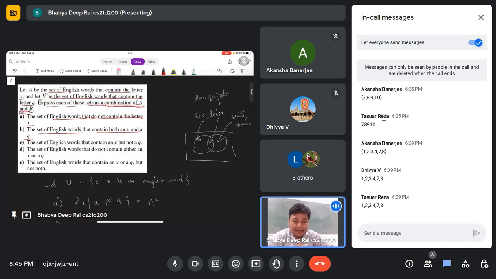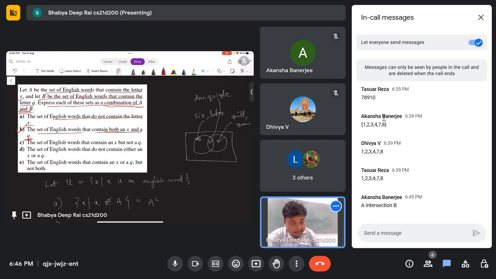A is the set of all words that contain X, and B is the set of all words that contain Q. I want the set of all English words that contain both X and Q. So let me repeat the question.